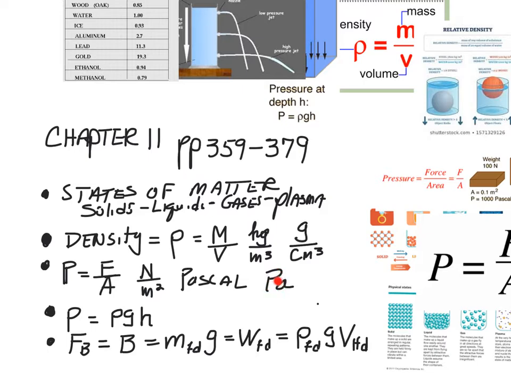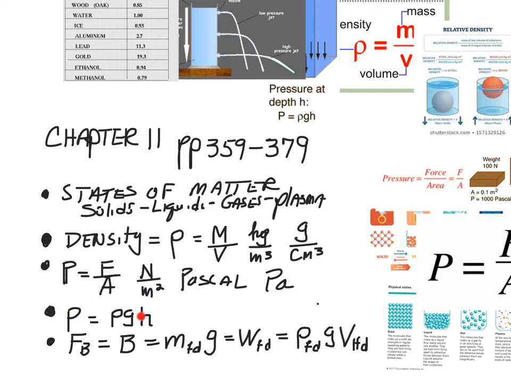A Pascal, you'll see, is a tiny amount of pressure, actually, because 1 Newton isn't much force spread out over a whole square meter. Imagine how big that is, a very low pressure. So the pressure due to our atmosphere, for example, is 100,000 pascals. We'll be looking at that in some detail.